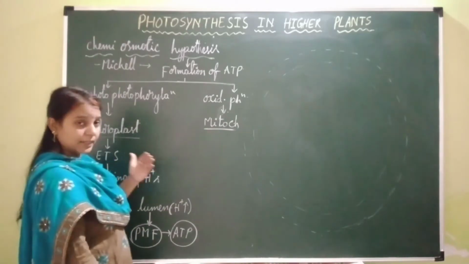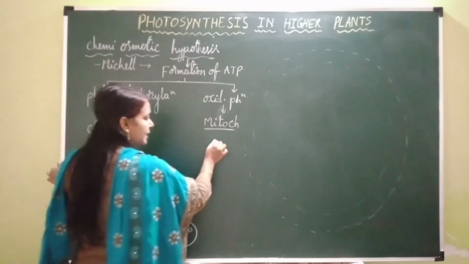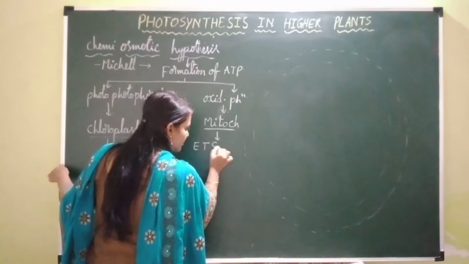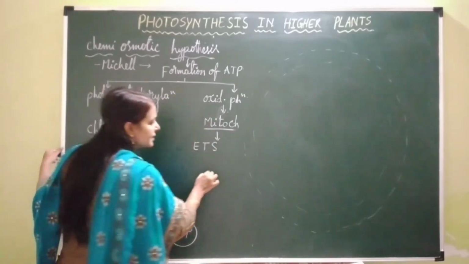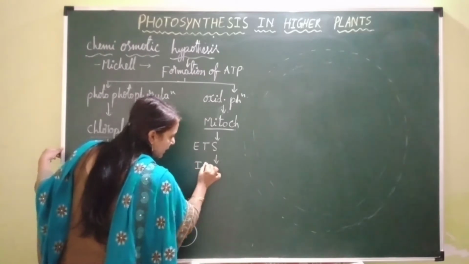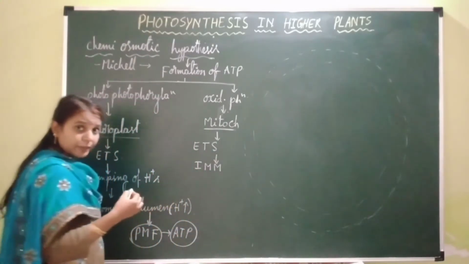Now let's see where this proton motive force is developed inside the mitochondrion. Inside the mitochondrion also the electron transport system occurs, on the surface of the inner mitochondrial membrane.